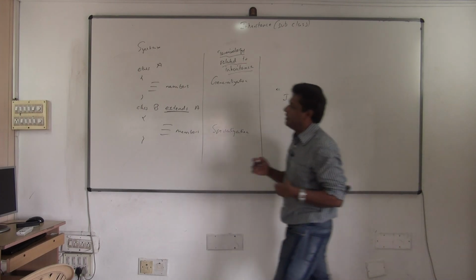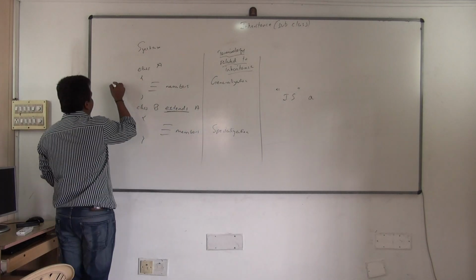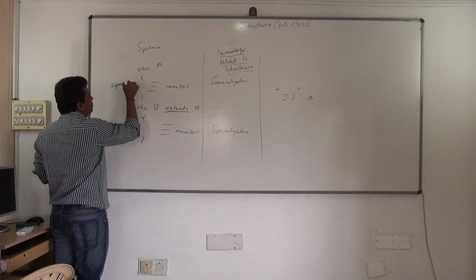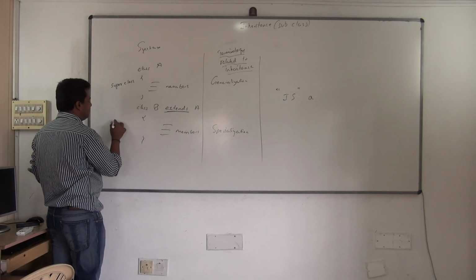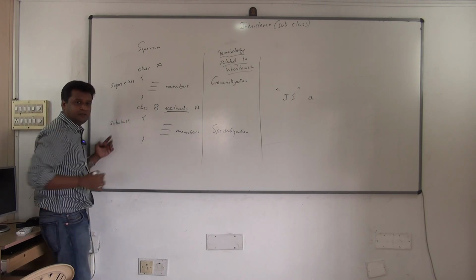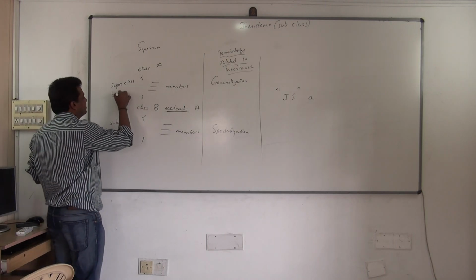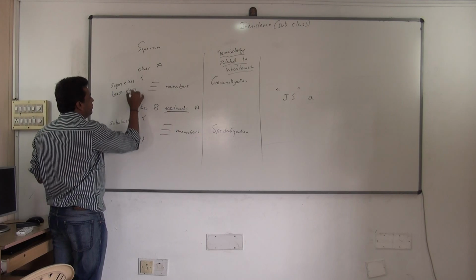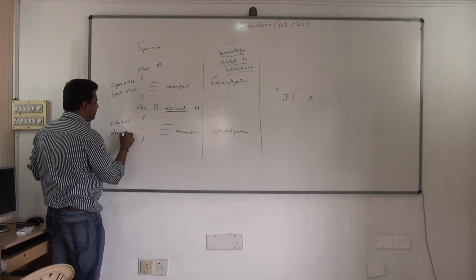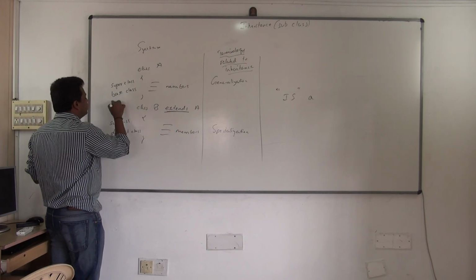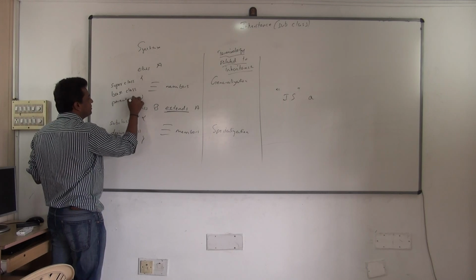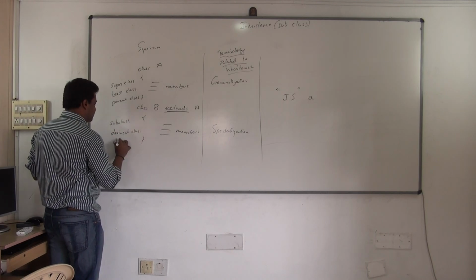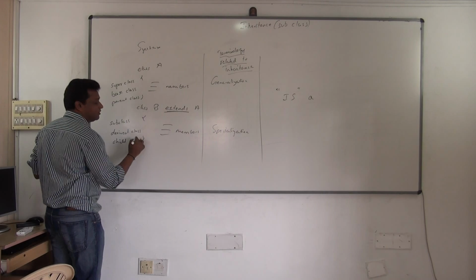Okay. So here we call class A as what? Superclass. Class B we call it as what? Subclass. In colleges you have learned it in another way: base class, derived class, parent class, child class. So this is your college terminology.